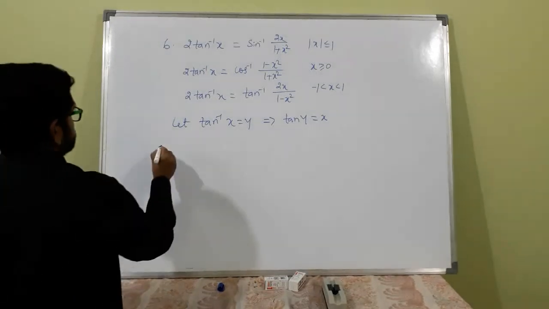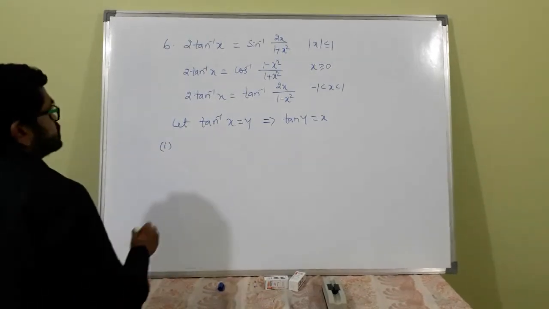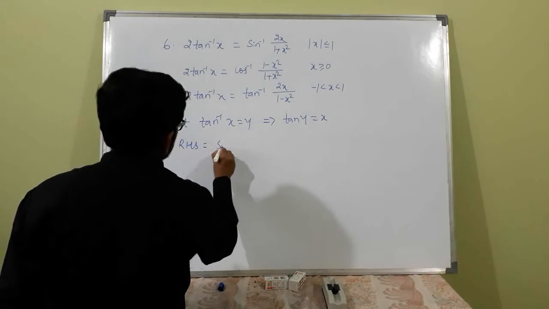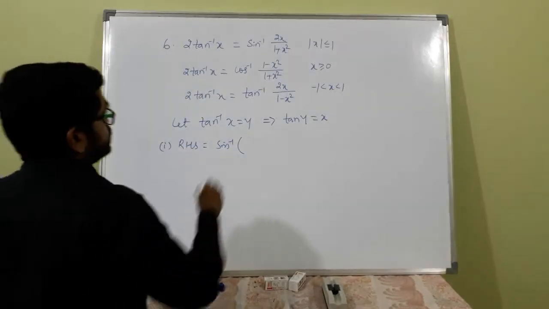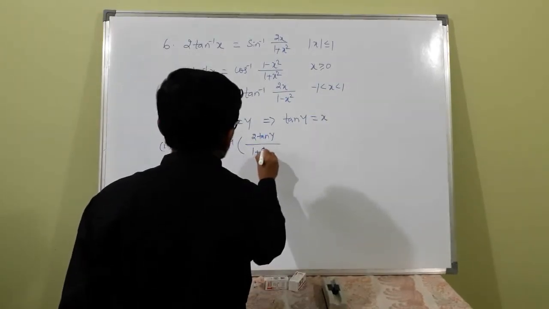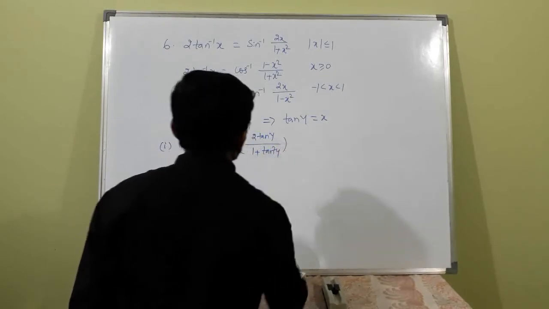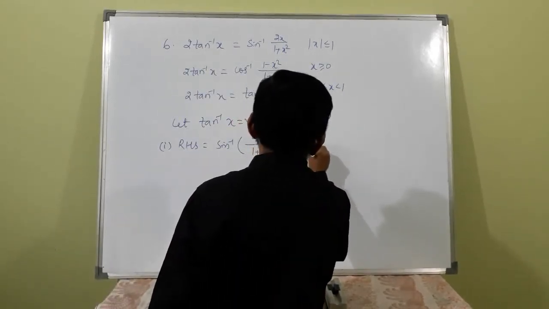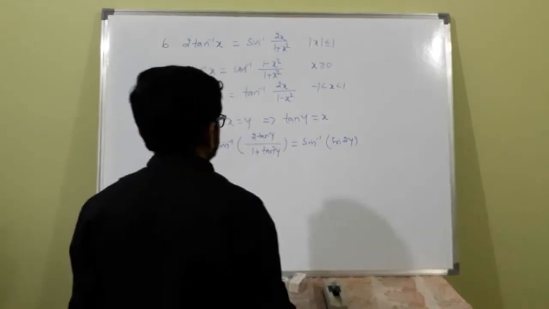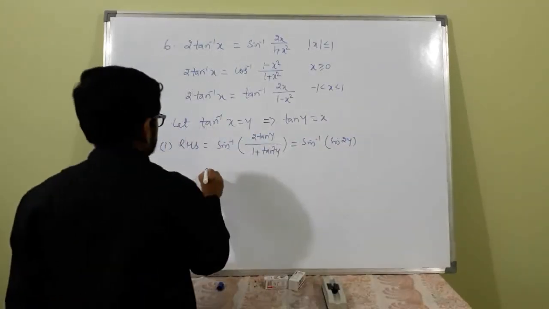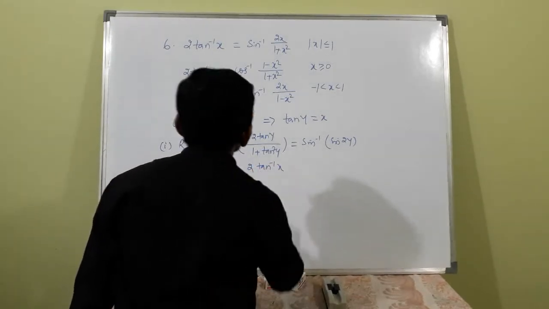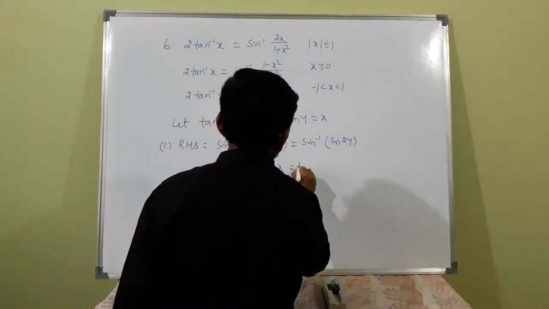Then in the first, sine inverse of RHS, sine inverse of 2x, which is 2 tan y, divided by 1 plus tan squared y, is equal to sine inverse of sin 2y, that is equal to 2y, that is equal to 2 tan inverse x. So this is LHS.